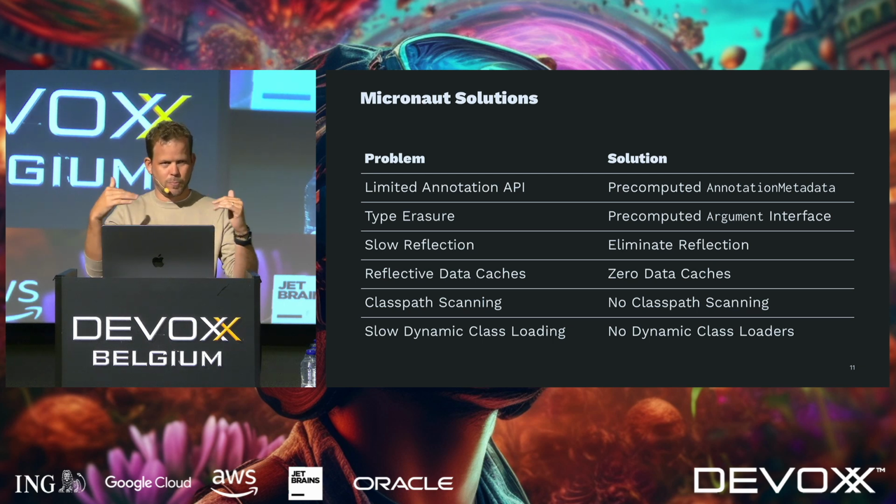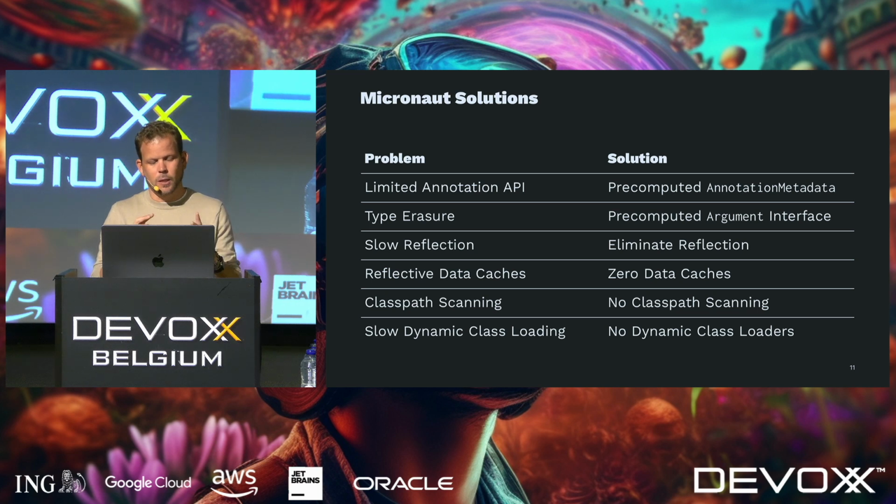And you have to perform all these runtime gymnastics with the reflection API to figure out that this field or this parameter on this method is a list of String, when we know it's a list of String, right? So Micronaut will also pre-compute all the type information, so it's available to the framework at the points where it needs it.